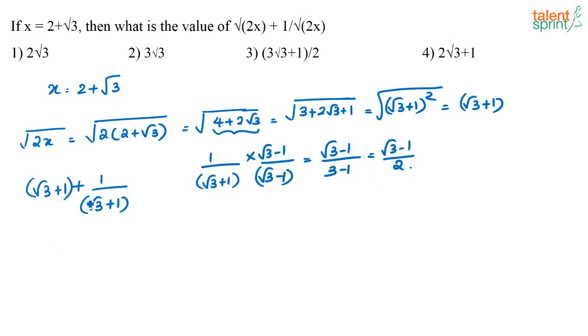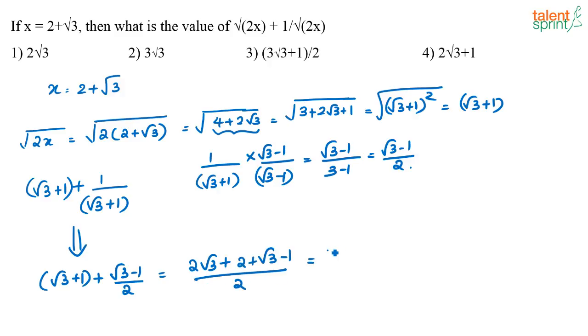So now the answer is root 3 plus 1 plus root 3 minus 1 by 2, that is 2 root 3 plus 2 plus root 3 minus 1 by 2, that is 3 root 3 plus 1 by 2, which is your answer, that is option 3.